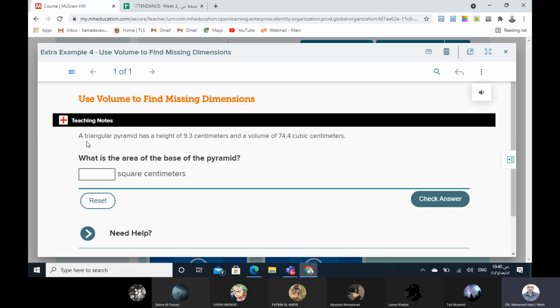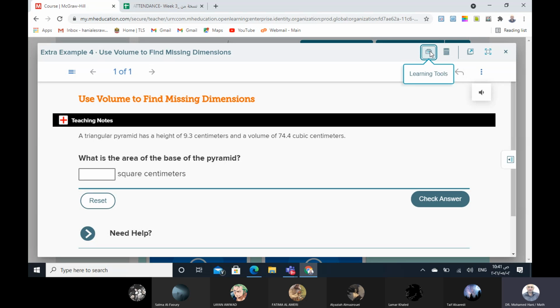Use the volume to find the missing dimensions. A triangular pyramid has a height of 9.3 centimeters and a volume of 74.4 cubic centimeters. Then what is the area of the base of the pyramid?